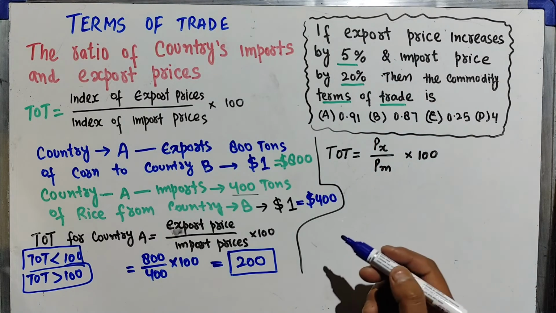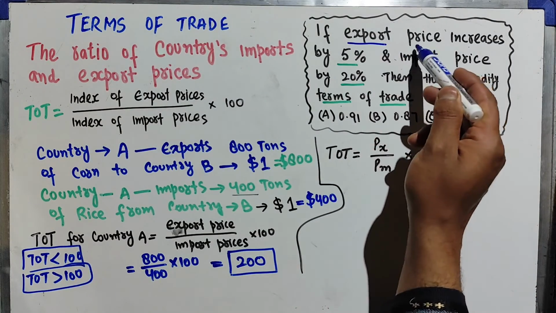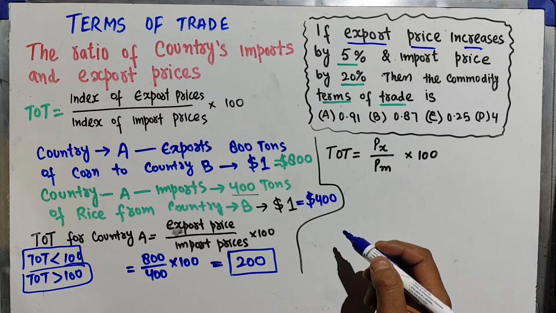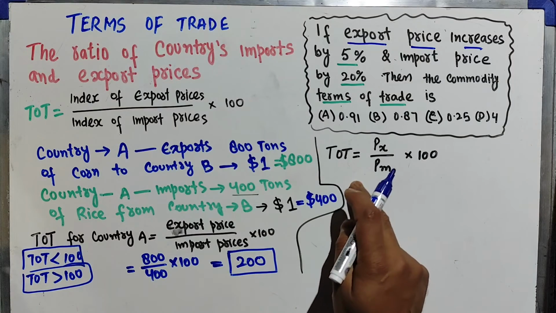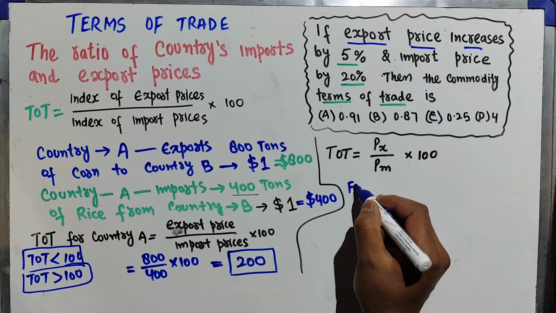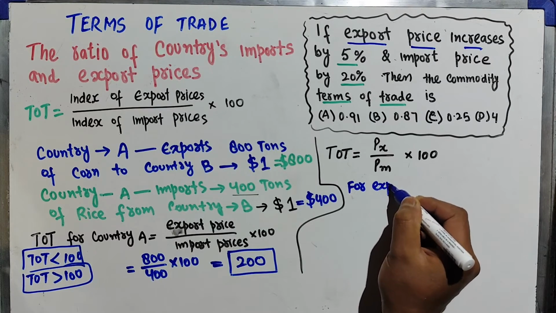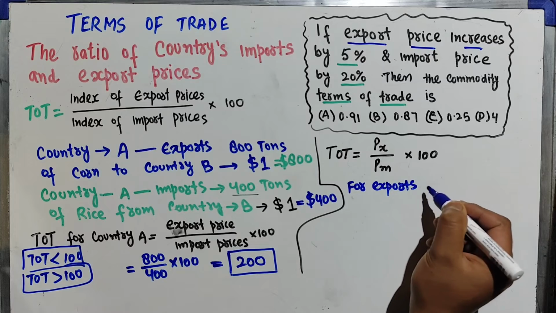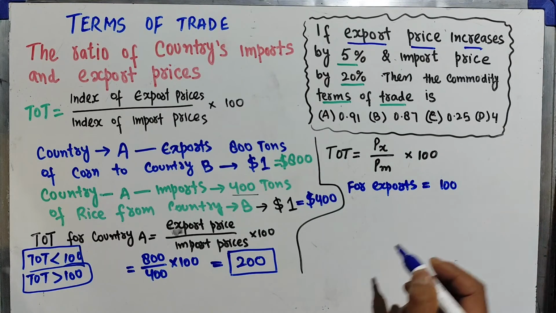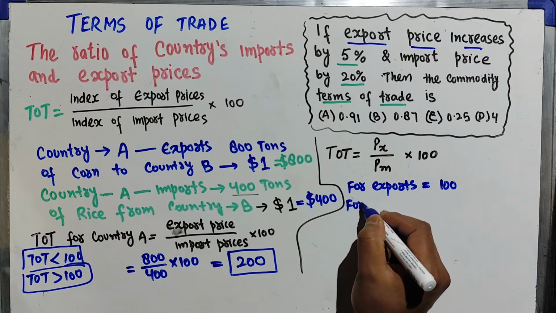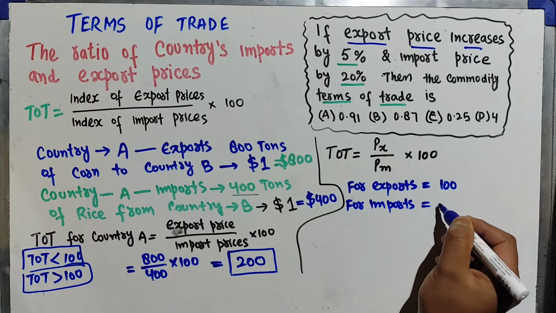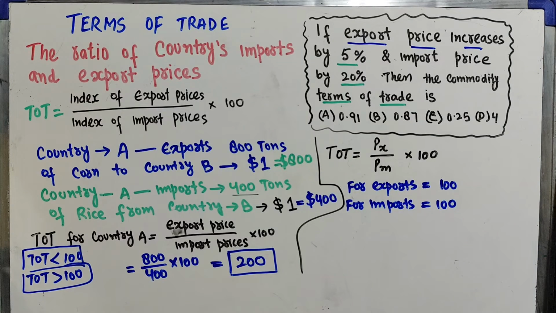We are being told that export price increases by 5%. Let us say initially the price for exporters was 100, and similarly for importers the price was 100, for the sake of simplicity.